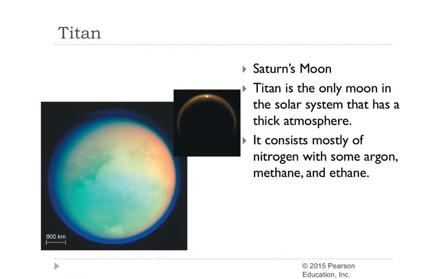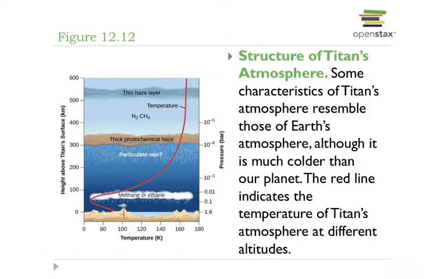Titan, which is Saturn's moon, is the only moon that we see that has a very thick atmosphere. It consists mostly of nitrogen and methane and ethane, which is toxic to us, but nonetheless still has this atmosphere. The structure of the atmosphere here has these thick clouds, and it does produce this rain.